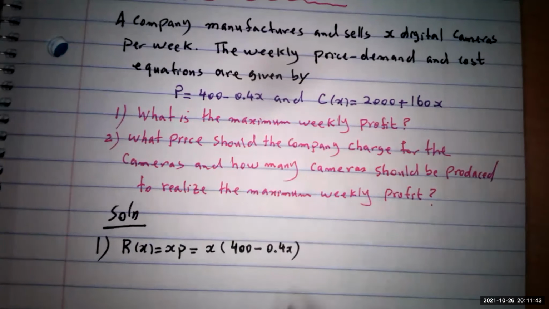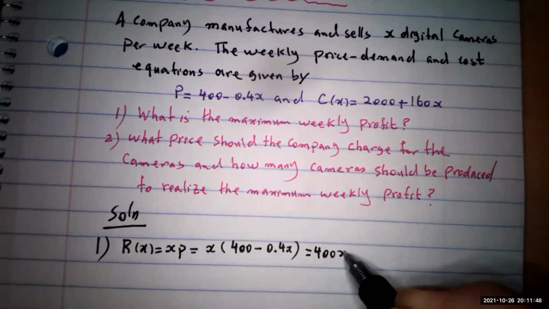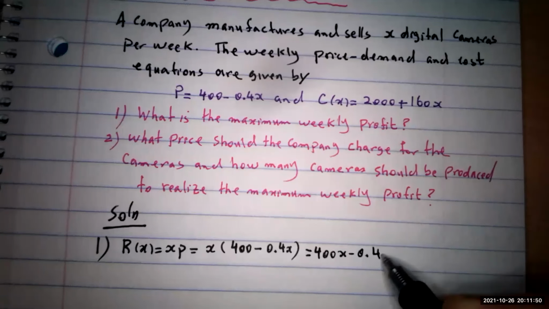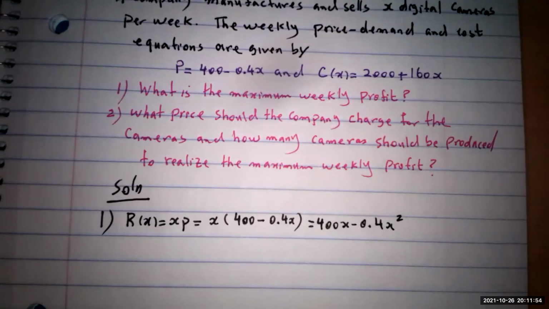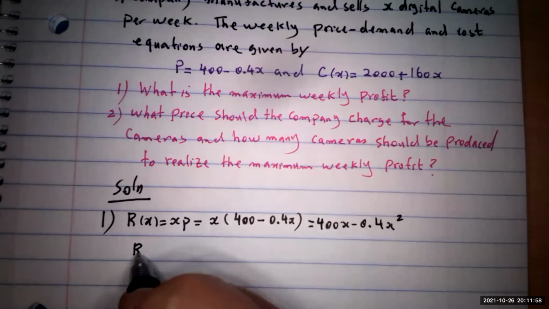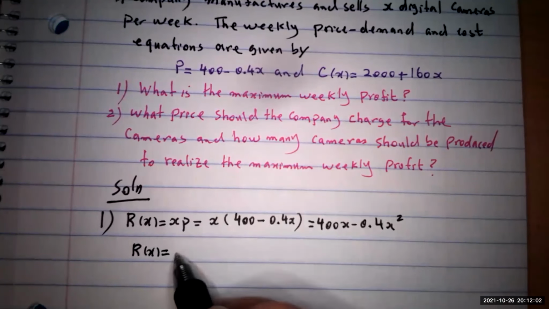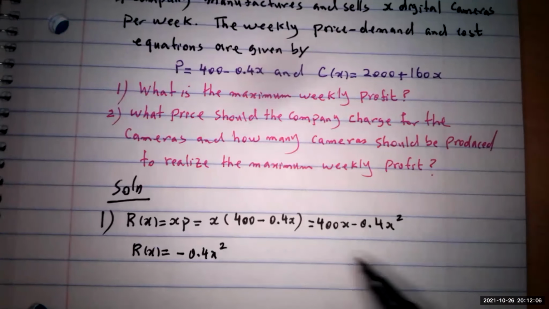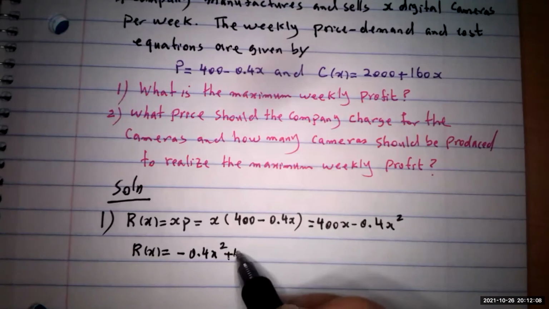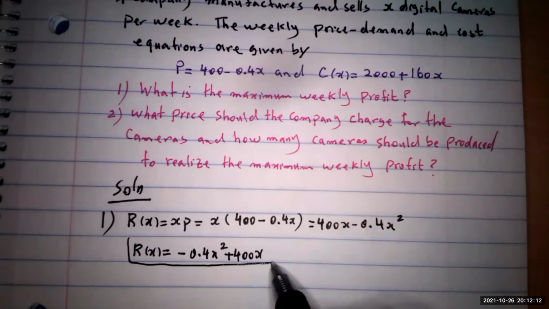Distribute it carefully. It's going to be 400x minus 0.4x squared. So that would be your revenue function. You can switch it if you like: negative 0.4x squared plus 400x.